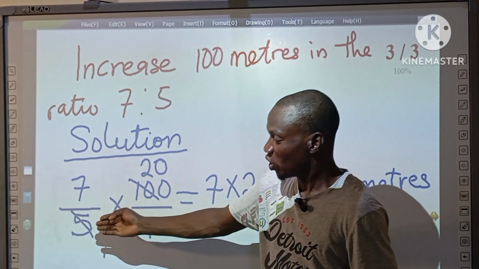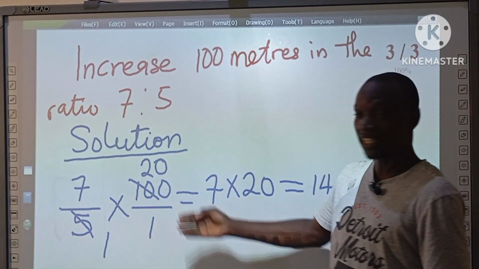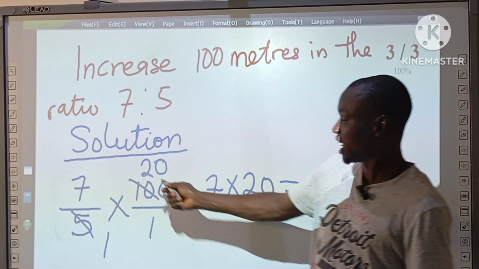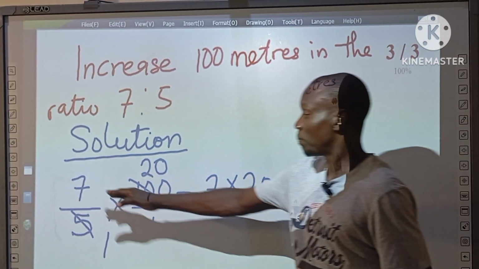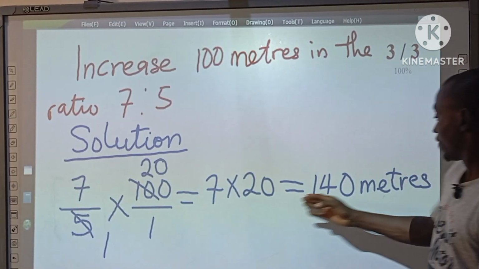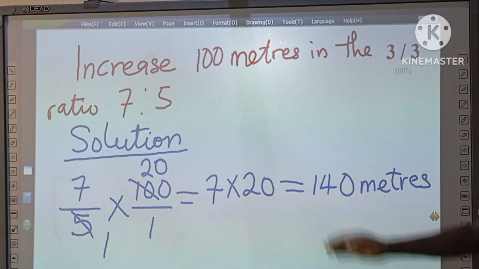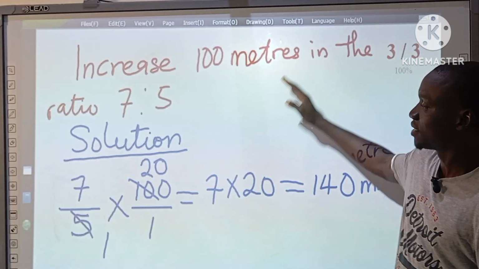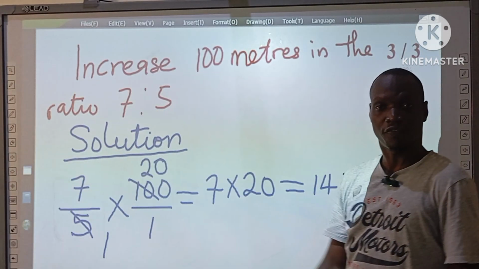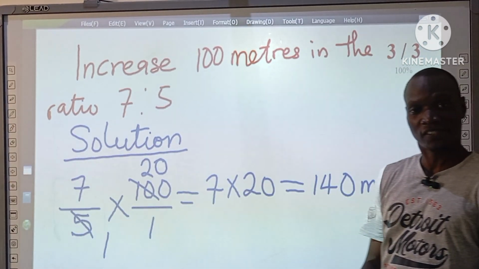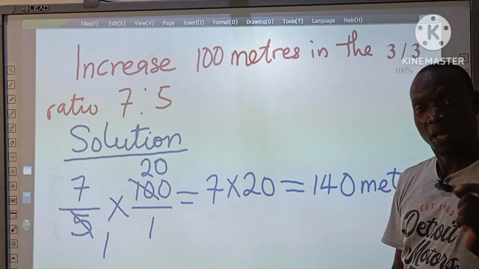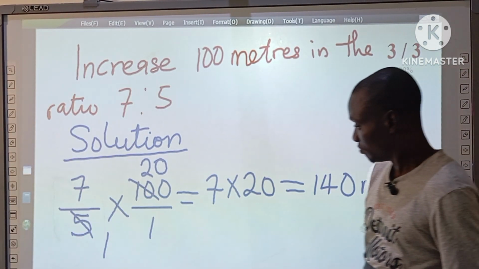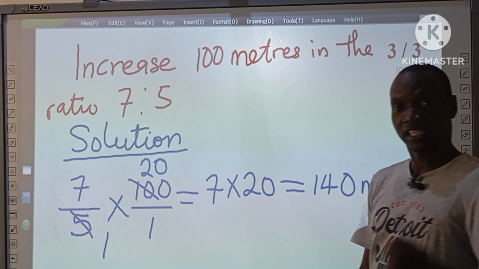Increase. And multiplying it, we divide the quantity by the denominator, which gave us 20, and multiplied by the numerator, which gave us 140 meters. So we have succeeded in increasing 100 meters in the ratio of 7:5. That is easy peasy, lemon squeezy, pizza cheesy, Mr. Austin's okra soup. Let's take on the next question.